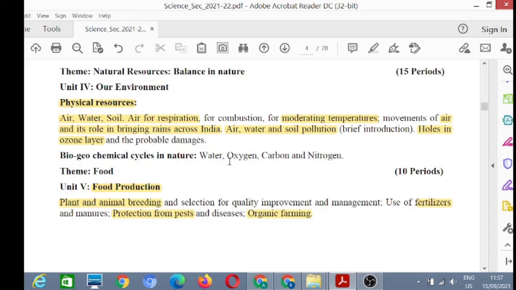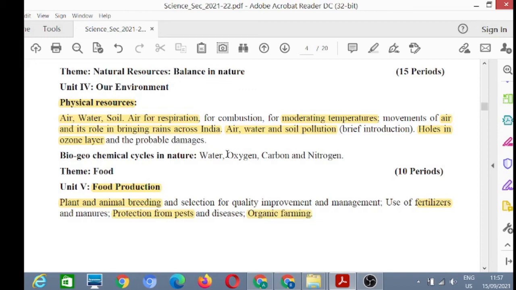Then rain is caused due to condensation of clouds. Water stored in the clouds is condensed and falls on the earth. This water is again transported to the sea in the form of rivers. So this is a complete cycle, and this cycle is called water cycle. This is a brief idea of water cycle.